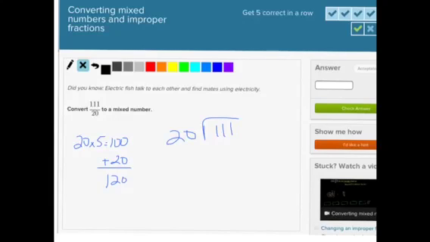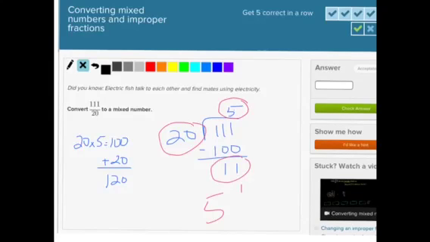That's too much. So I'll just go in 5 times. 5 times 20 I know is 100. And 111 minus 100 will give me 11. I now have a remainder. So now I just go around like a clock: 5, 11 20ths, giving me 5 and 11 20ths. And on Khan, I'll write that so I have 5, and I'll put a space, and then I'll put 11 20ths.